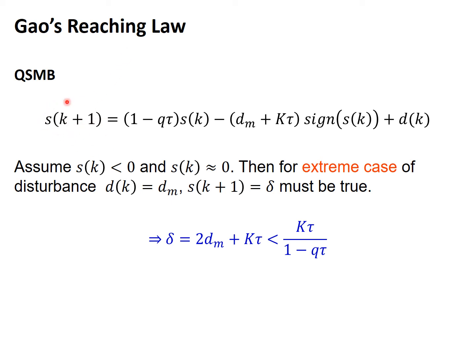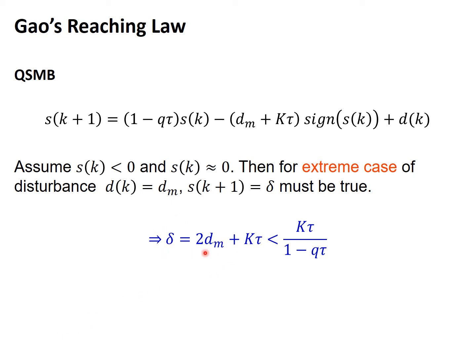So sk plus 1 is delta. So delta equals 2 dm plus k tau, and since there is a relationship of dm with the parameters, if you put dm less than that expression, you will see that this becomes less than k tau by 1 minus q tau. So the value of the parameters actually dictates the value of the ultimate band.